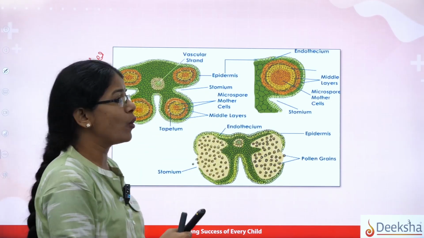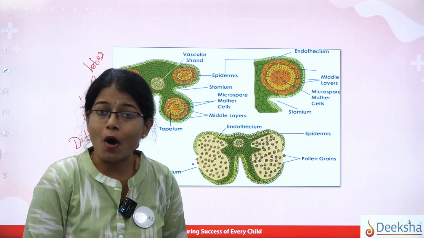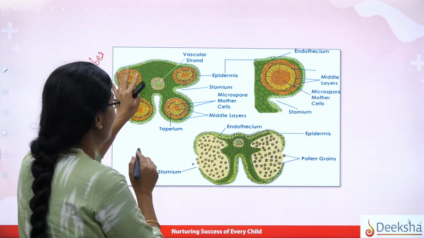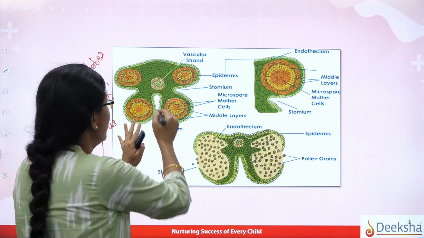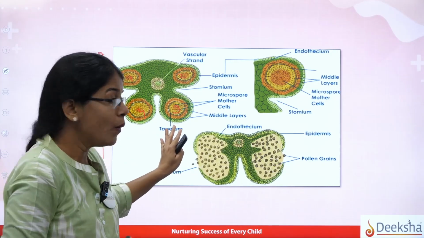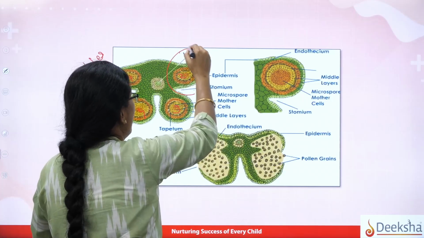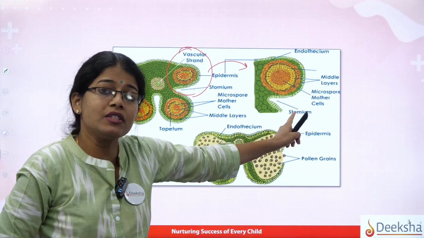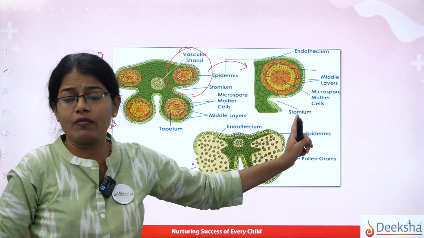Now let us try to focus on the diagram, that is TS of the mature anther, and here it goes. So first of all, if you make this clear, these are the four thecas, right? Correct? And now we will take one theca and we are presenting it here, correct? Let us now try to understand the layers of that theca.